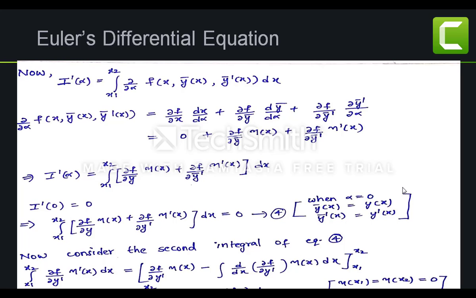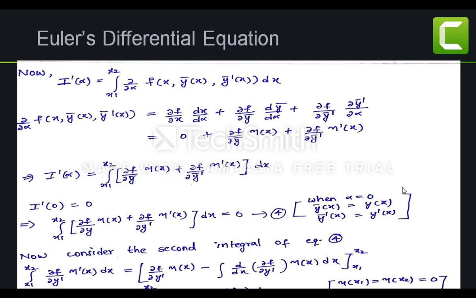Similarly, we have ȳ'(x) is y'(x) plus αη'(x). So dȳ'(x)/dα is equal to η'(x).